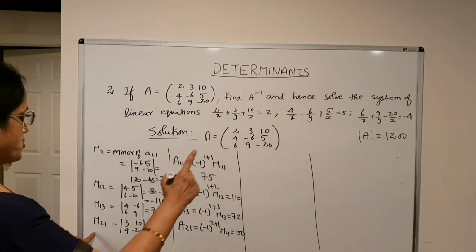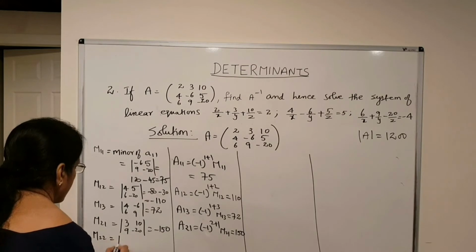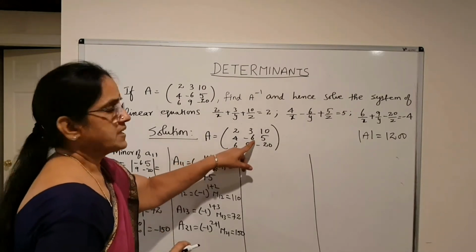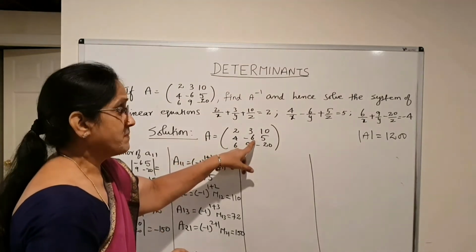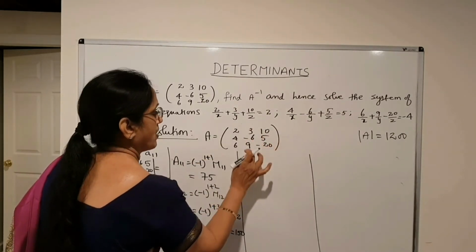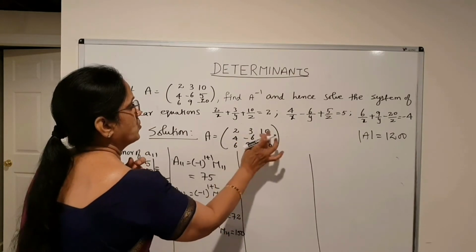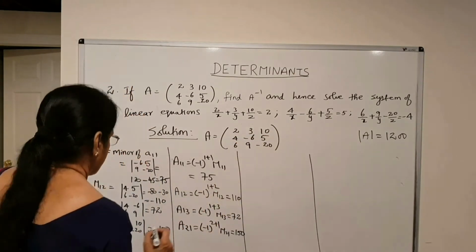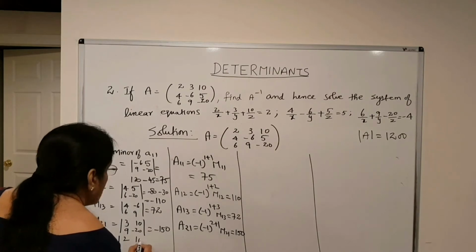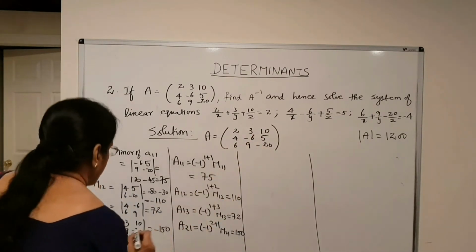Okay. Coming to M22, which is the minor of the element A22. That is here minus 6, that element. So, leaving the second row and second column, I will be having the determinant of 2, 10, 6, minus 20.